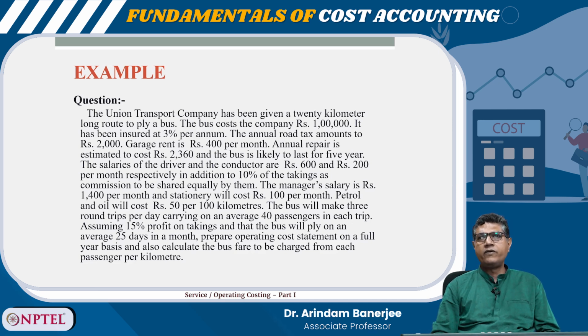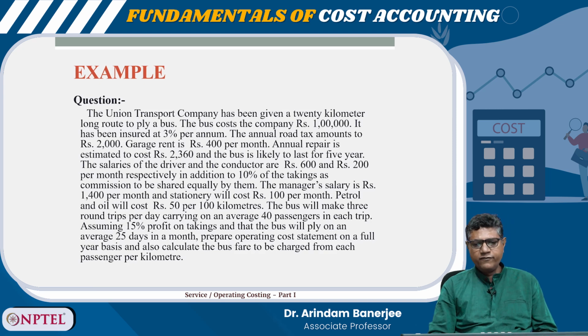The salaries of the driver and the conductor are rupees 600 and rupees 200 per month respectively, in addition to 10% of the takings as commission to be shared equally by them. The manager's salary is rupees 1400 per month and stationery will cost rupees 100 per month. Petrol and oil will cost rupees 50 per 100 kilometers.